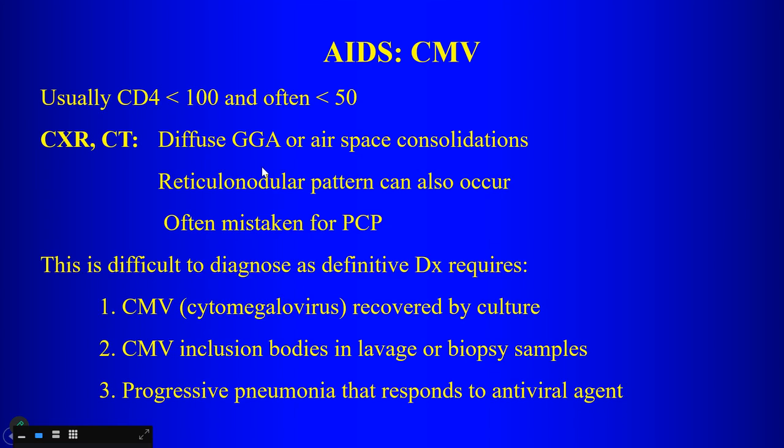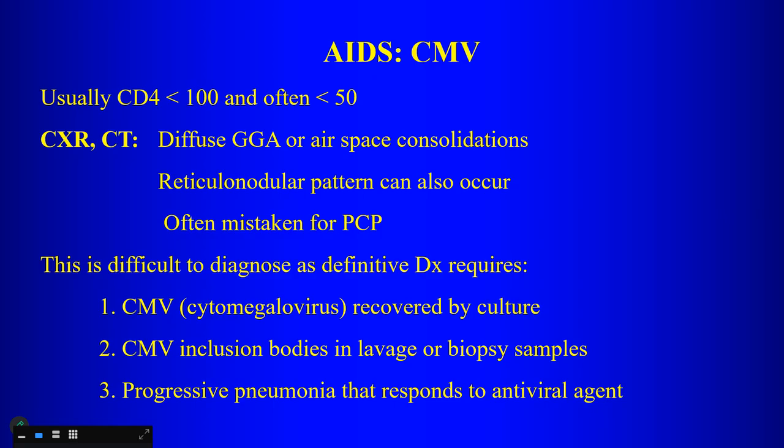CMV pneumonia, somebody mentioned that. That can give you diffuse ground glass airspace consolidation. Sometimes a reticulonodular pattern can easily be mistaken for pneumocystis. It's a very difficult diagnosis to make because it requires recovery of CMV by cultures, inclusion bodies, and biopsy samples for definitive diagnosis, or progressive pneumonia in response to antiviral agents.